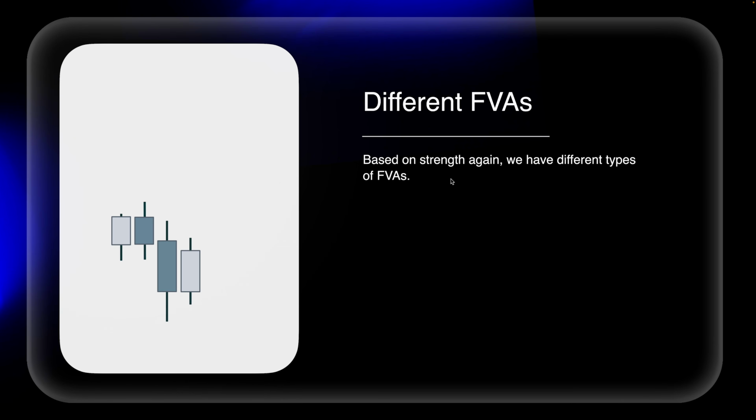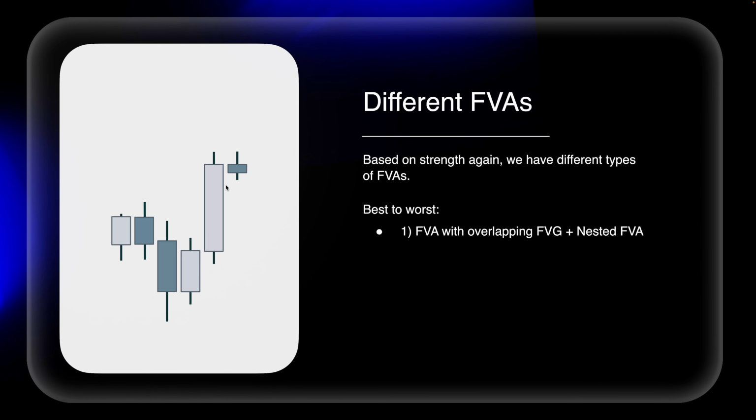Now, we're going to rank them again from best to worst, where the best type of fair value area is a fair value area with an overlapping fair value gap plus a nested fair value area. So what does that look like? Well, the overlapping fair value gap right here is overlapping with the exact swing point that we took to the left.